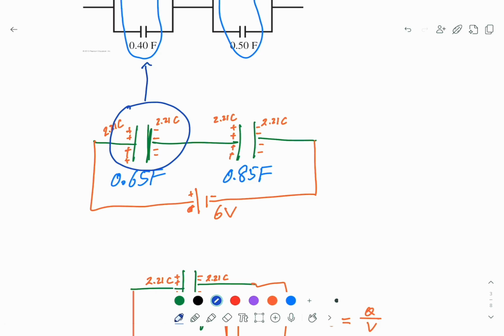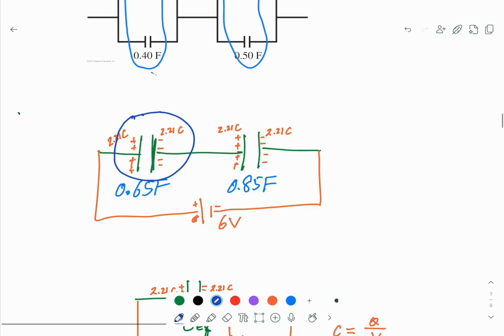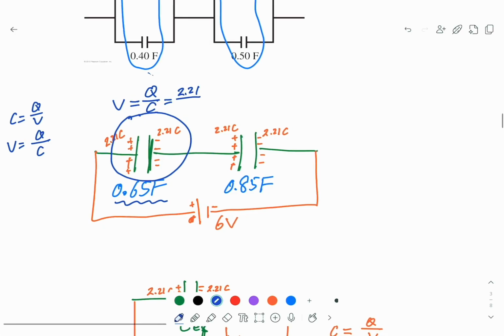So for this capacitor here, C equals Q over V, the potential is Q over C. So the potential V across this capacitor is equal to Q over C. The Q is 2.21 and the C is 0.65.